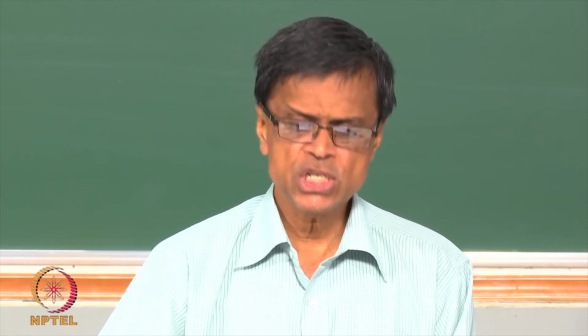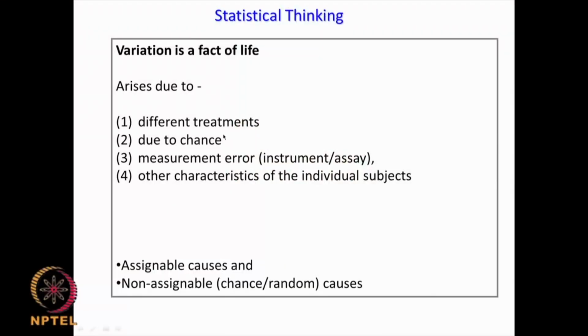So these variations arise due to chance. This is called random. Measurement error: I may have an instrument or an assay method which may always lead to error. I have to look at the color change. Sometimes I might not be able to exactly judge the color changing from pink to white.